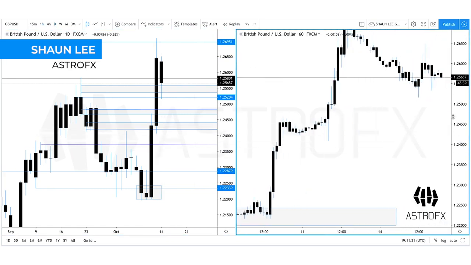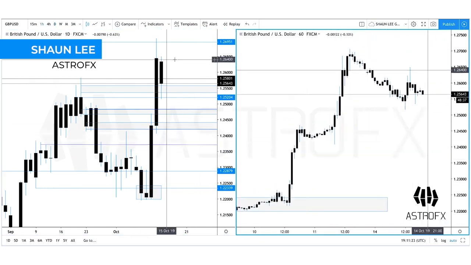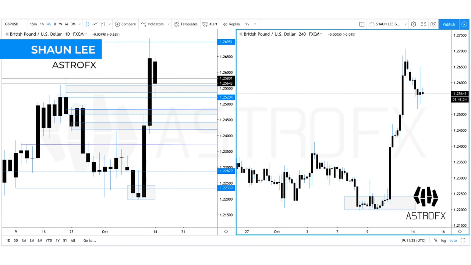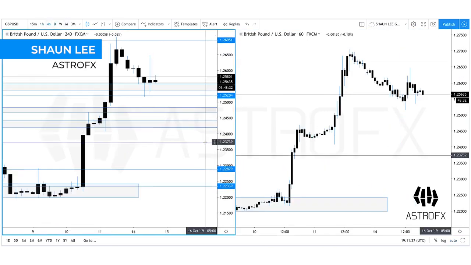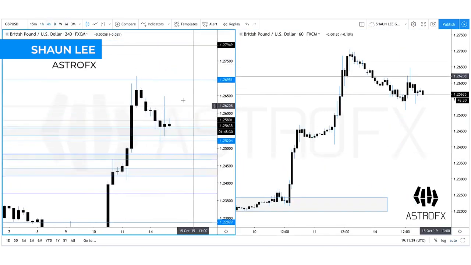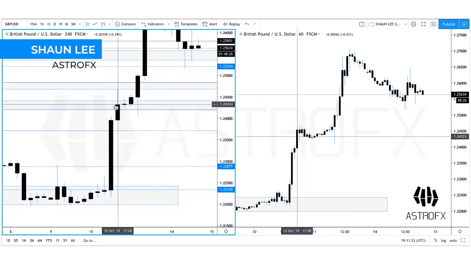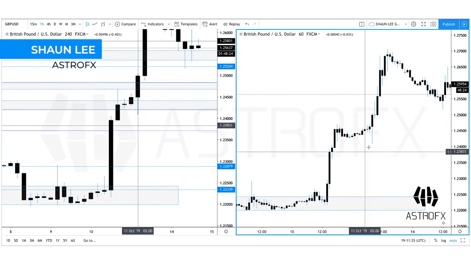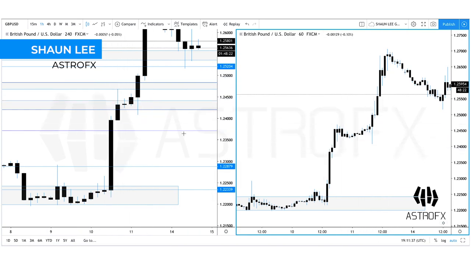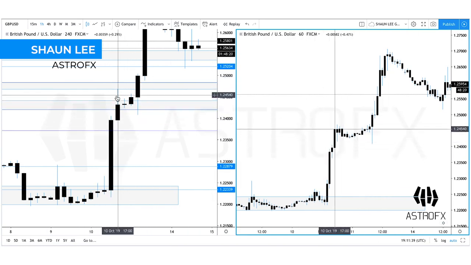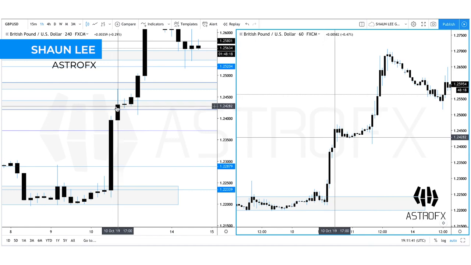So at the moment, current PA. Let's go to the left-hand chart, going back into the 4 hour chart. As you can see, from this uprise, this was the daily close, which is this area right here on the right. The daily closure, we halted right in the region in the range.